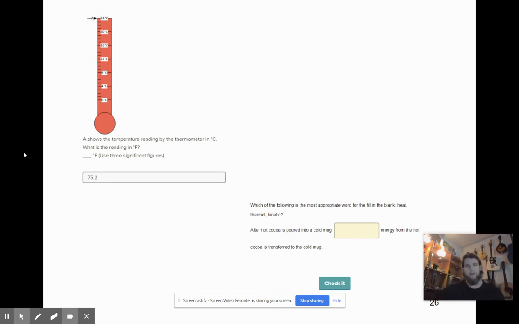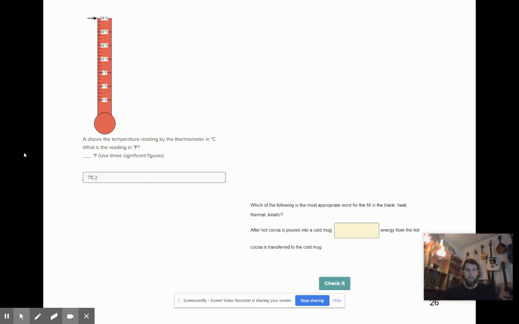Significant figures is something we would want to talk about if we were being sticklers. But essentially, all it's saying here is use 3 digits. So even if you did this math out and you got like 75.22, they wouldn't want that extra 2. Just give them the 75.2, and that's all they're going to ask for. So that would be your answer there.